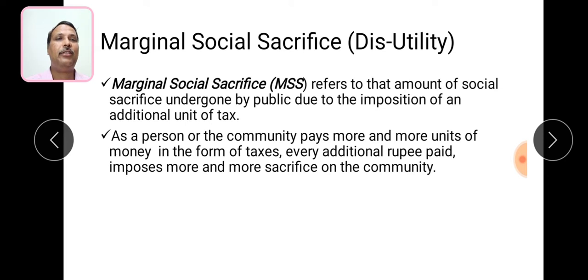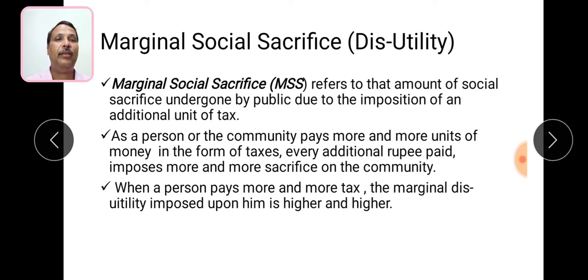As a person or the community pays more and more units of money in the form of taxes, every additional rupee paid imposes more and more sacrifice on the community.